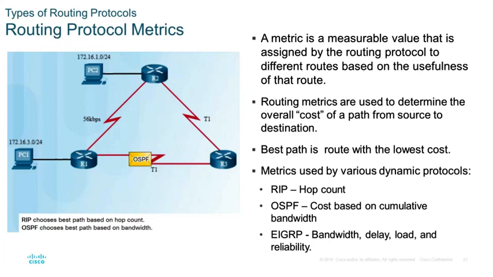The primary thing to note is that EIGRP's most important variable for its route calculations is still bandwidth. But you should know that it does also need those other variables as well: delay, load, and reliability.